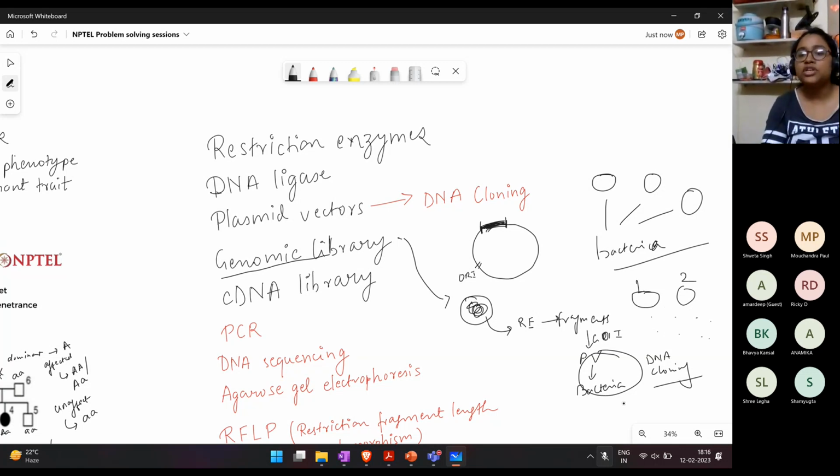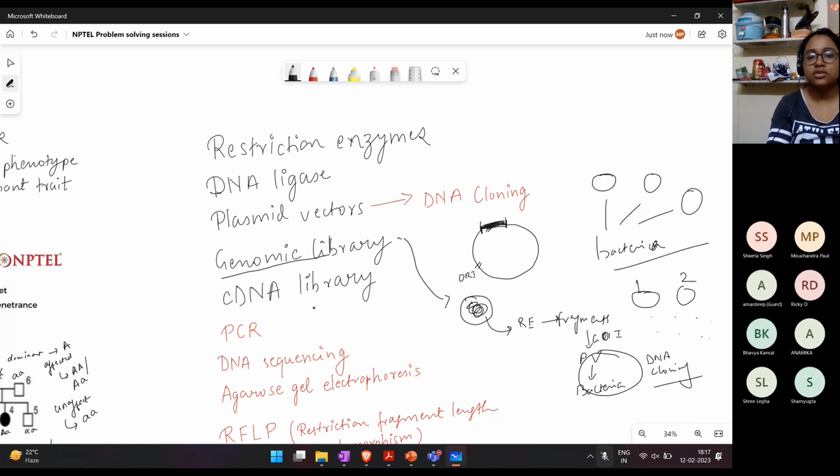So if you want to study what all genes are present in say fragment 1, you will take the bacterial colonies and then again lyse the cells, take out the DNA fragments, and then do the further studies. So every time you don't have to go back to the plant cell or human cell from which the genomic material was taken. You can just refer to this library that you have created for yourself, and it takes months. Okay, it takes months to make a genomic library.